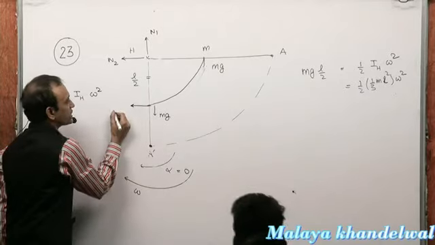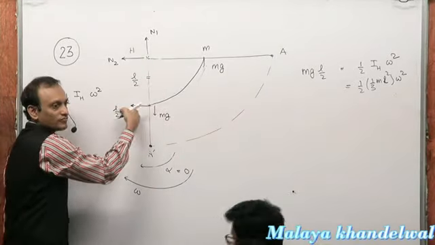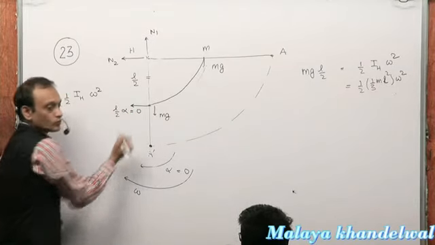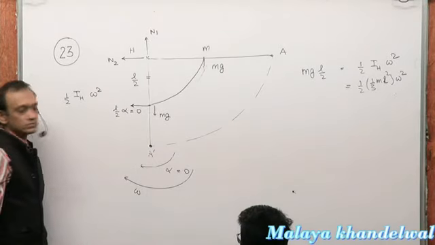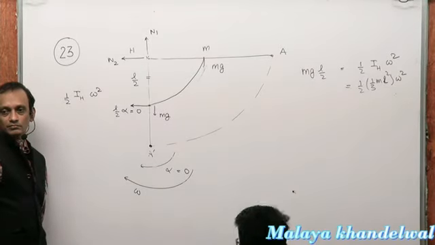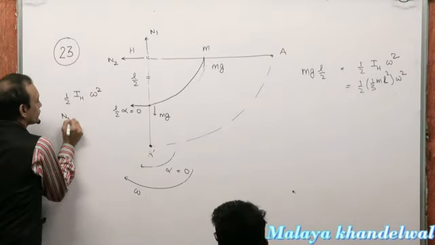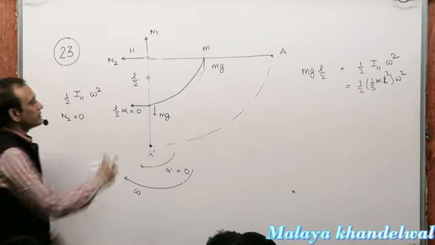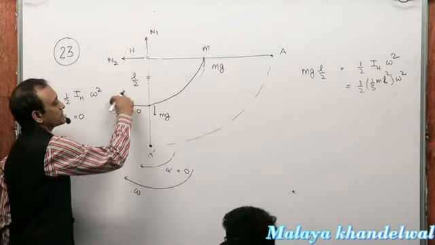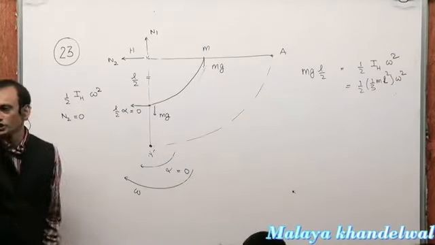It will have tangential acceleration L by 2 alpha. This length is L by 2, R alpha, which is 0. That means N2 must be 0, yes or no? Because the net acceleration in this direction of the center of mass is 0, so the net force acting on the system horizontally must be 0.